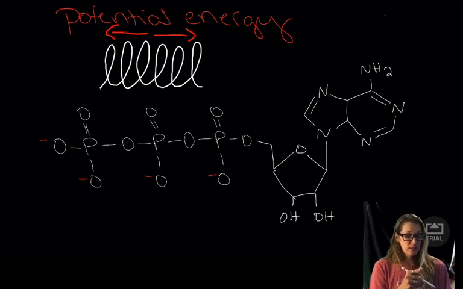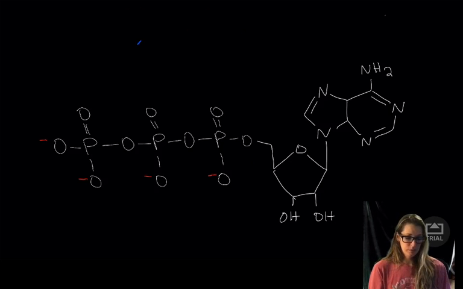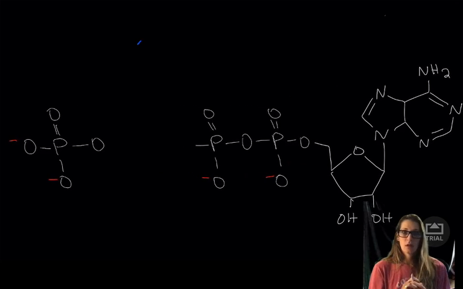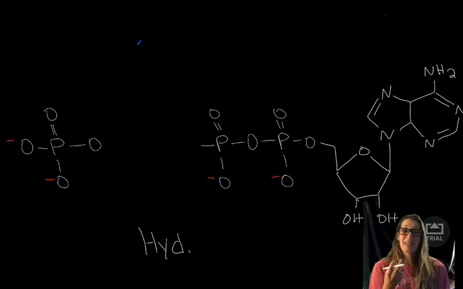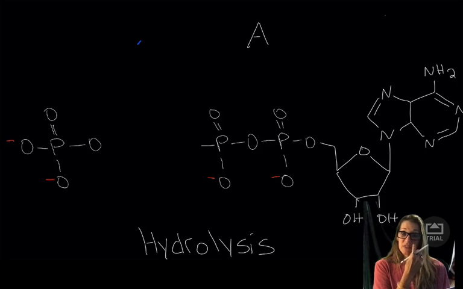So these 3 phosphates, with their potential energy because of their extra negativity, are kind of like a coiled spring. The way that we get that energy is by breaking off one of those phosphates.